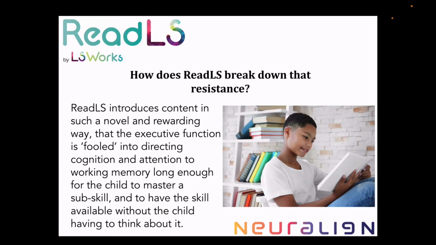It introduces content in such a novel and rewarding way that the executive function is fooled into directing cognition and attention to working memory long enough for the child to master and automatize the sub-skill and to have the skills available without the child having to think about it.